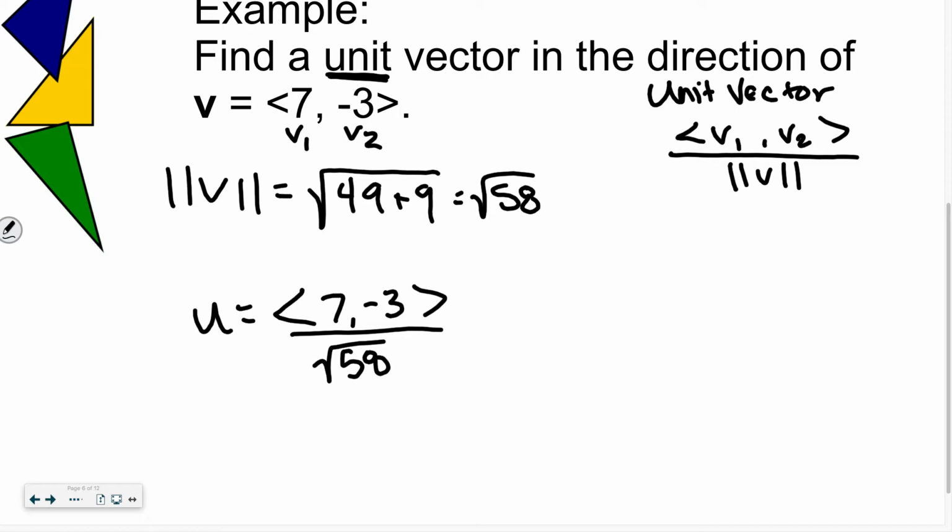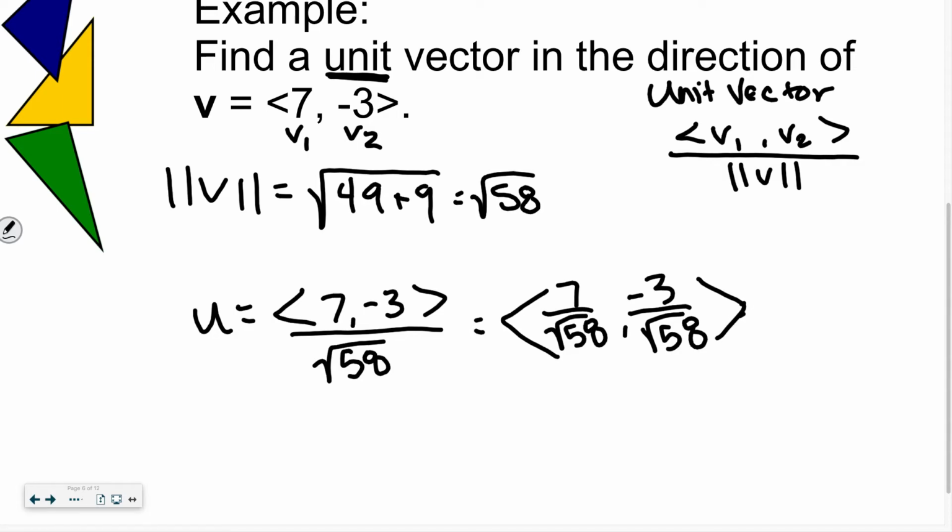So I could rewrite this as 7 over the square root of 58 and negative 3 over the square root of 58. But like Liam said, we should always leave our answers in the best looking form that mathematicians like to see, which is to rationalize your denominator.